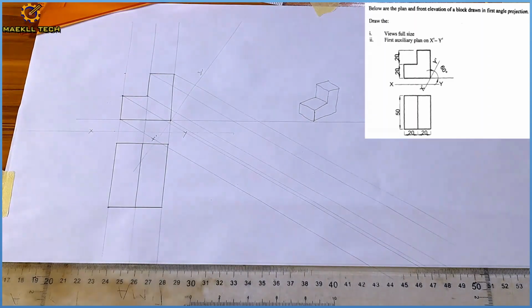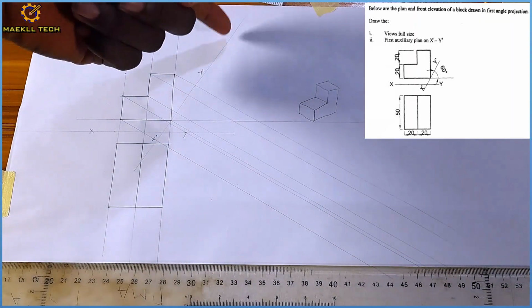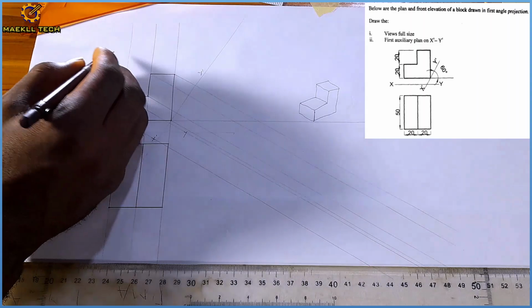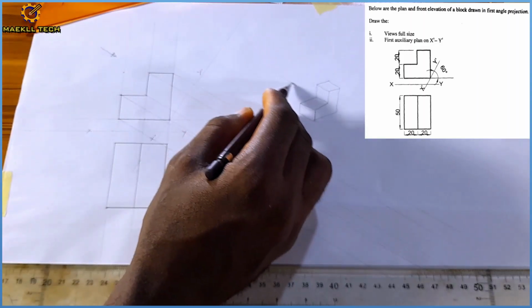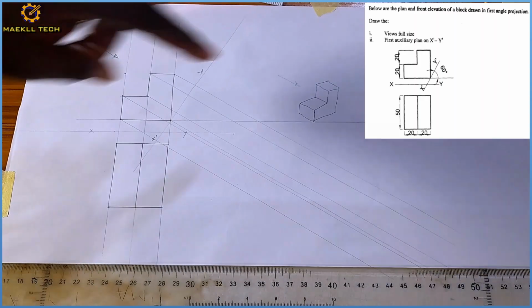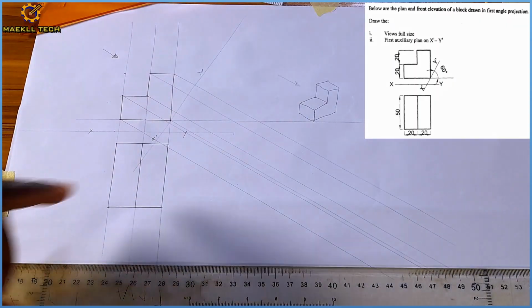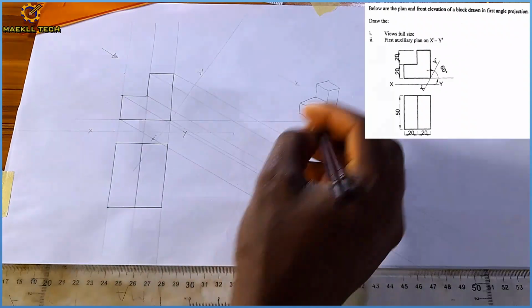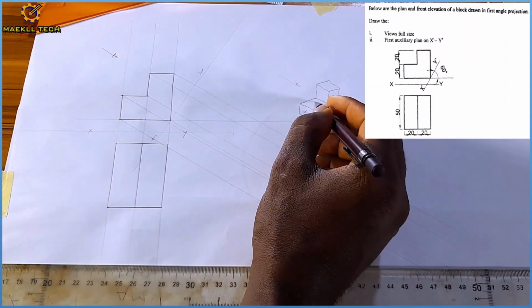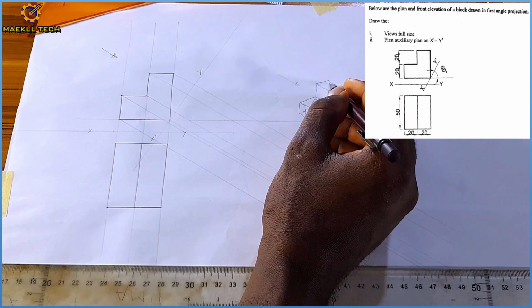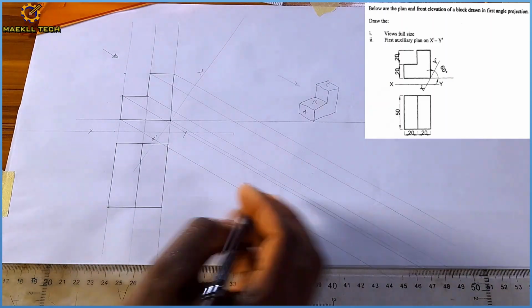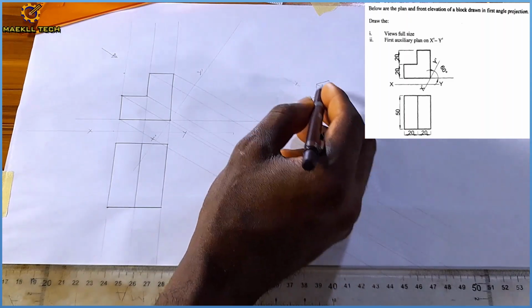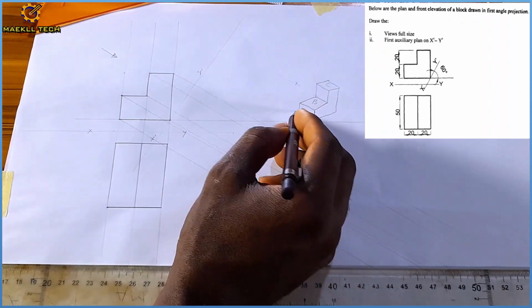Now with the auxiliary plane right here, we are looking at this object from this direction, from the plan. If I'm standing here looking at this object from the plan, I am seeing this area, let me call it A, I'm seeing this area B, then I'm seeing this area C. I am seeing the whole of this area. That's the meaning. Now I can see this joint, this joint, this joint, this joint, and this joint.